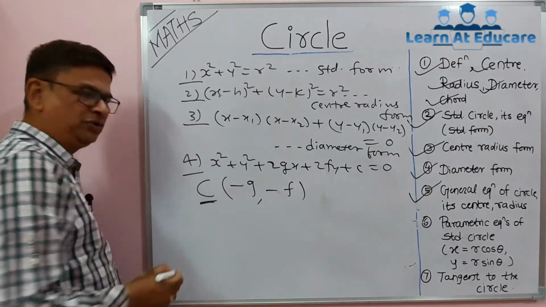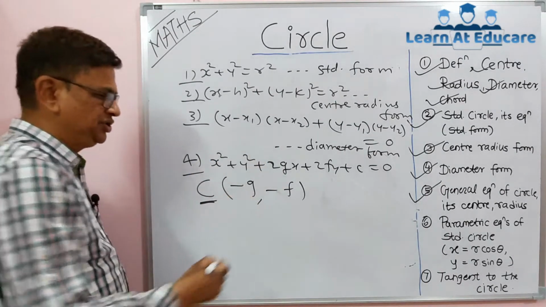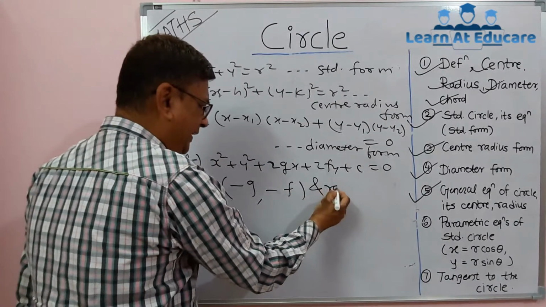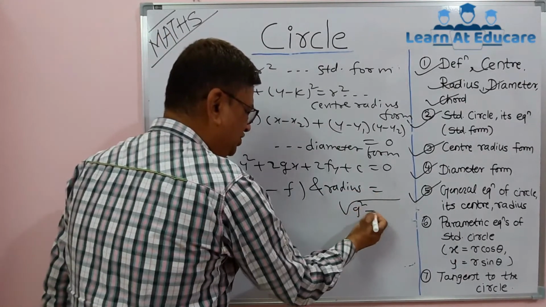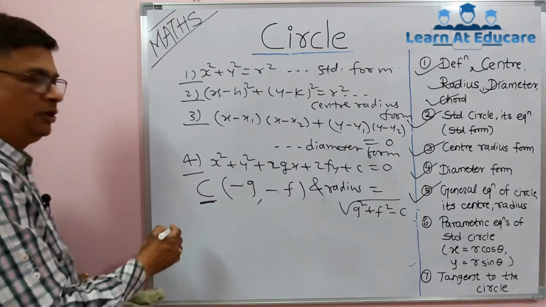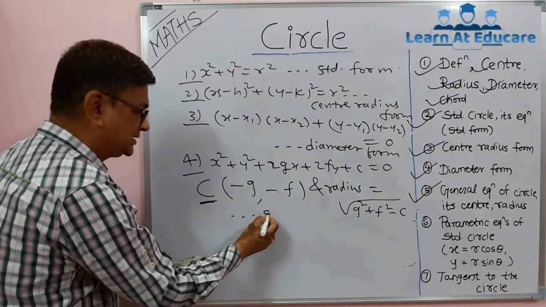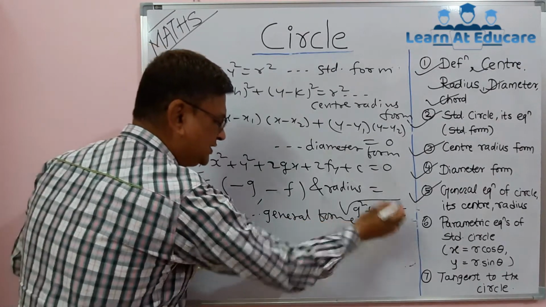Suppose the center point is denoted by C, then its coordinates from this equation are (minus g, minus f), and its radius is given by square root of g square plus f square minus c. This is called the general form of the equation of a circle.